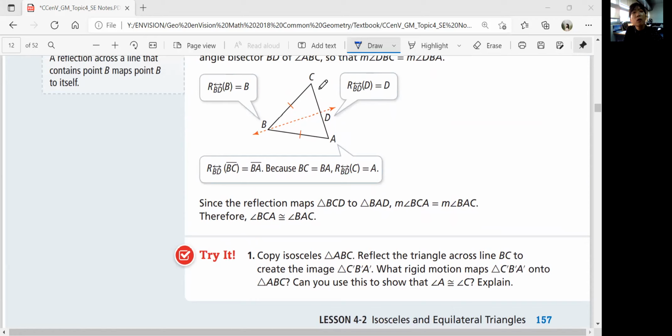What rigid motion maps CBA onto ABC? Can you use this to show that angle A is congruent to angle C? Okay. So if we reflect the triangle across line BC to create image CBA.